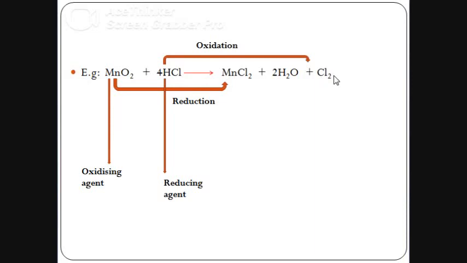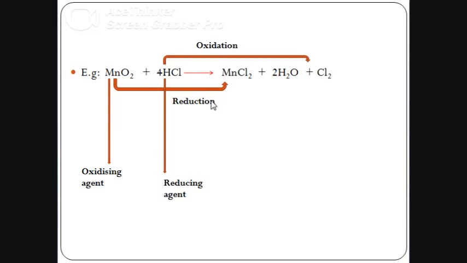Now here, children, we will discuss oxidation and reduction in detail. In this case, as you can see, from manganese dioxide oxygen has been removed, and removal of oxygen involves reduction.